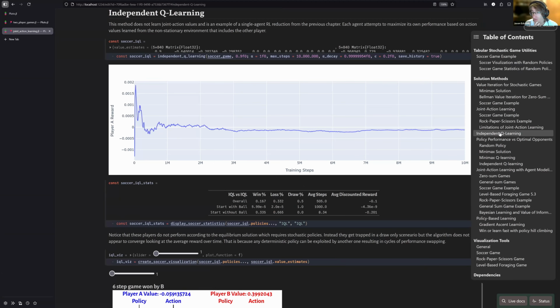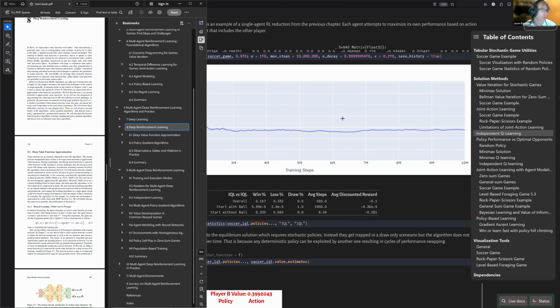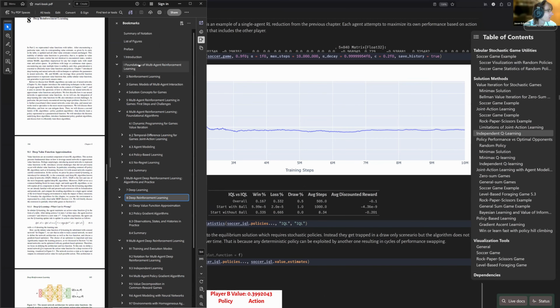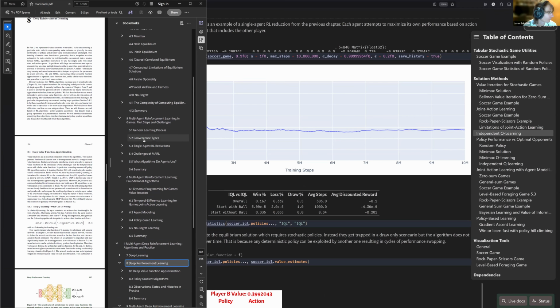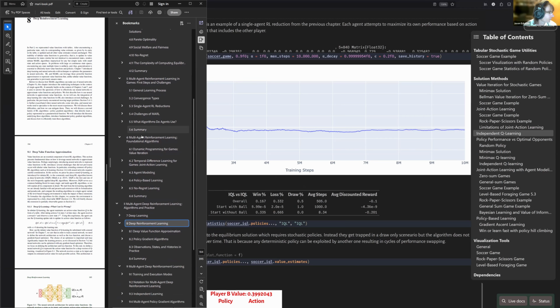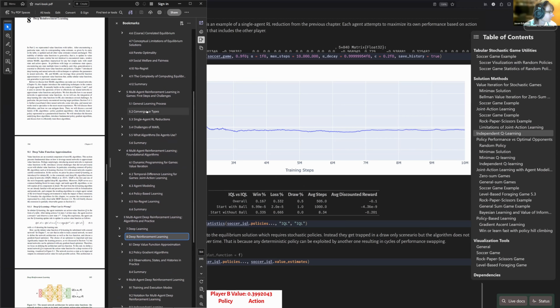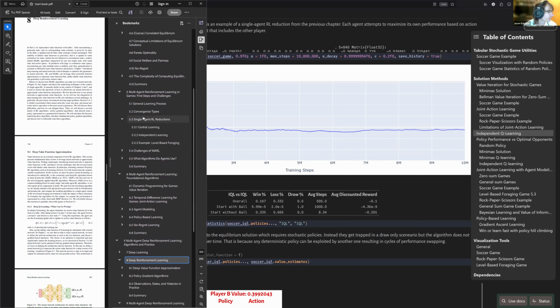Yeah, so the easiest thing to do, and I did add utilities for all of this, is what we talked about in an earlier chapter, which is single agent reductions. That's for independent Q-learning and central Q-learning, covered here in chapter 5.3.